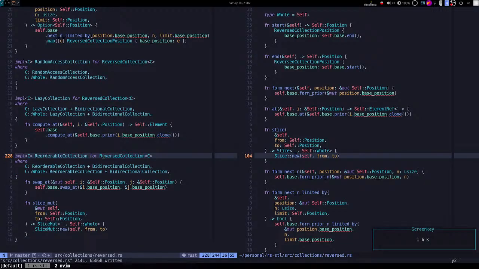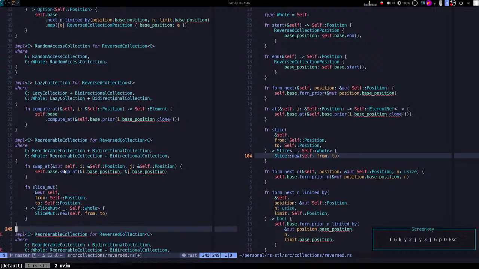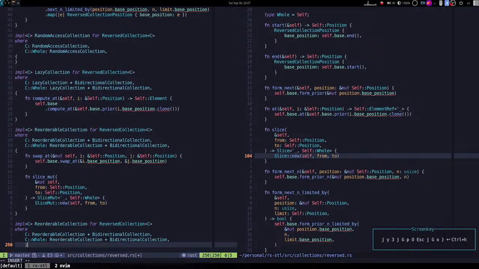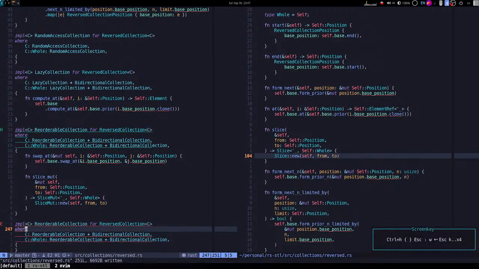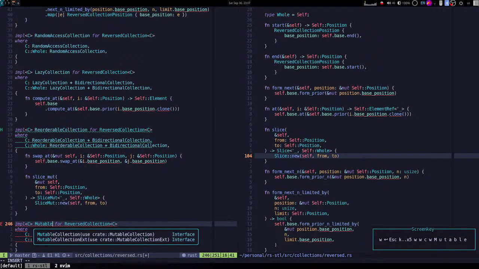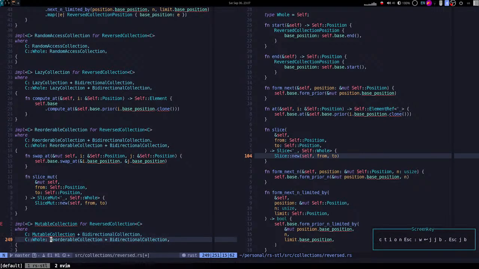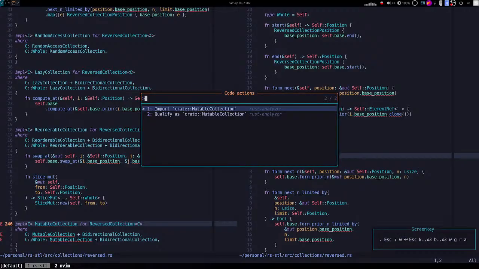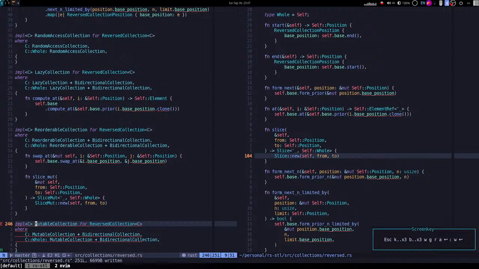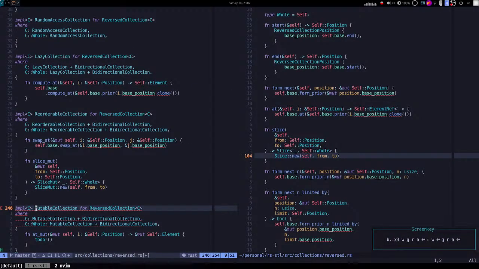The last thing that we really need is a mutable collection, right? It doesn't know what a mutable collection is, so let me tell it. Let me implement the missing member, and again, how would I implement the missing member?